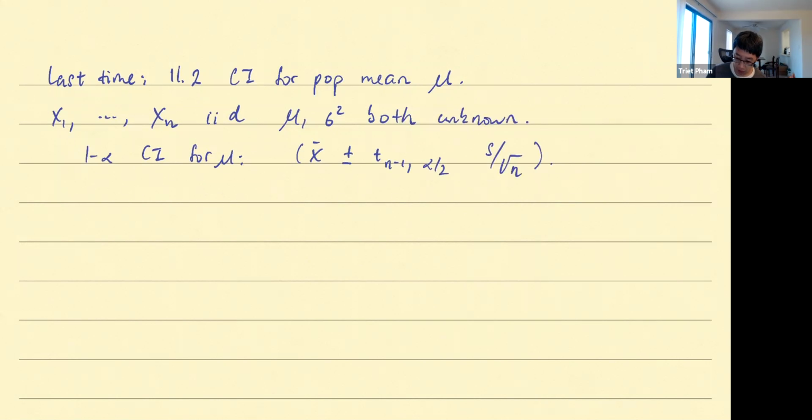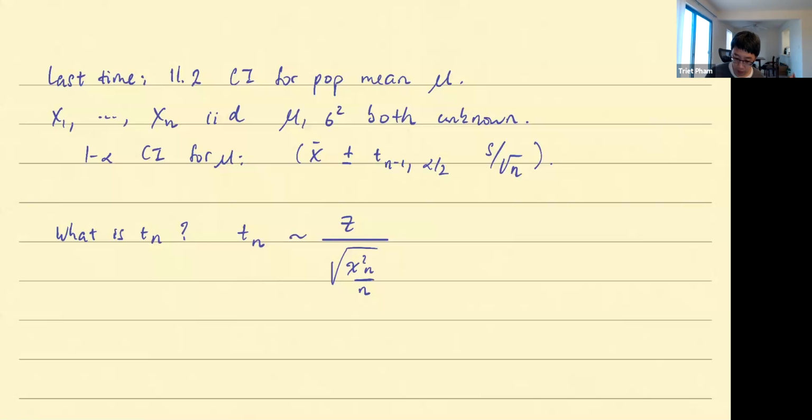But we also started introducing the questions of what and why. So what is Tn? The answer is a Tn, a T distribution with n degrees of freedom, is going to be a standard normal divided by a kind of normalized chi-square.